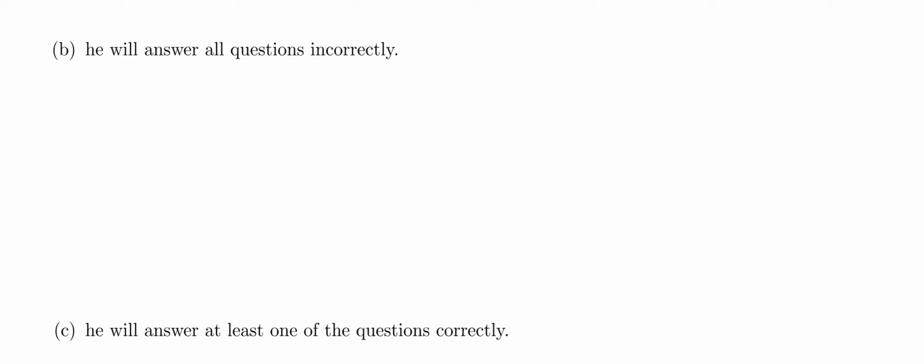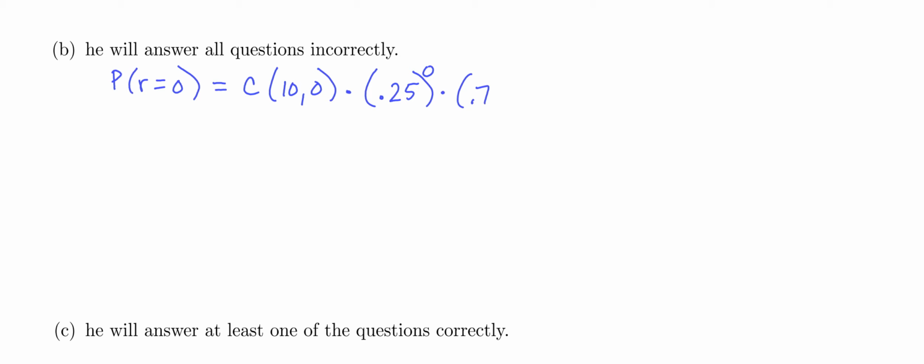If we're looking for the probability that he will answer all of the questions incorrectly, this means we're looking for the probability that r is equal to 0, or no successes. In this case, we have C 10, 0 times the probability of success, which is 0.25 to the 0, times 0.75 to the 10th.